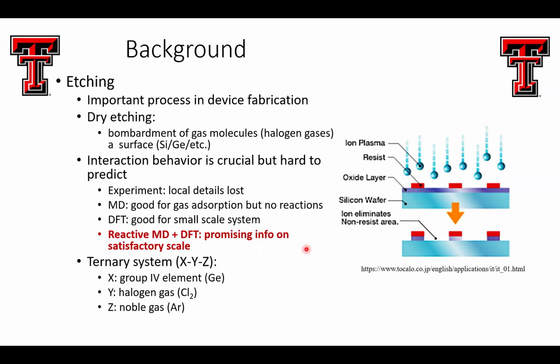You don't want to undercut, you want to do it very straight. So what you do is bombard the silicon wafer with ions, which react part of the layer away, and then you form these features. That's the fundamental idea. That's the scientific problem.